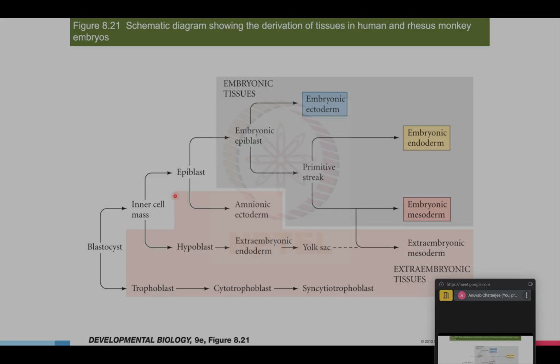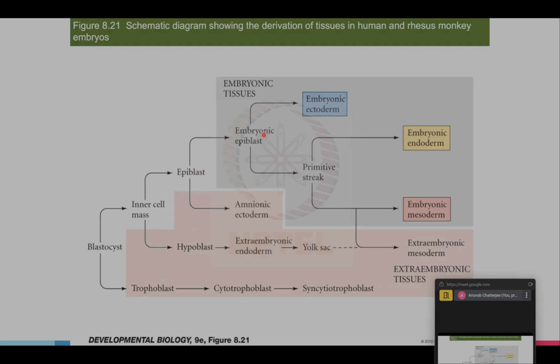And the inner cell mass also has two parts: epiblast and hypoblast. The epiblast surrounds the yolk sac, and epiblast also can divide and form the amniotic ectoderm, which covers the amniotic cavity, which is essentially a liquid filled cavity that acts as shock absorption for the growing embryo, and all of this is extra embryonic tissue.